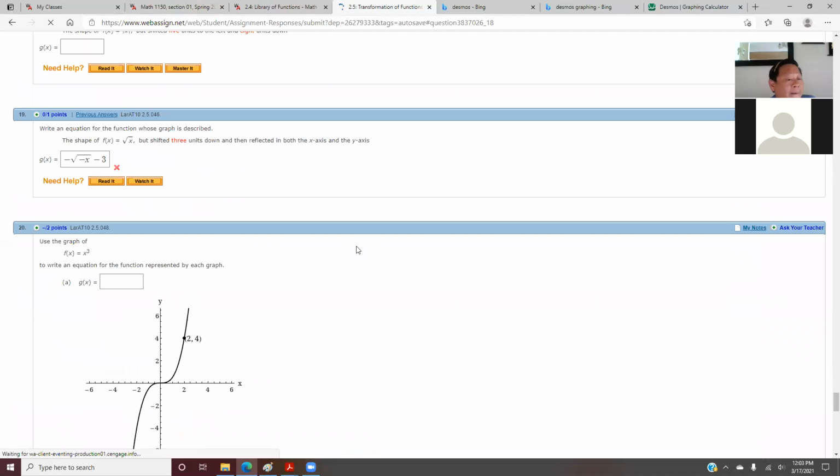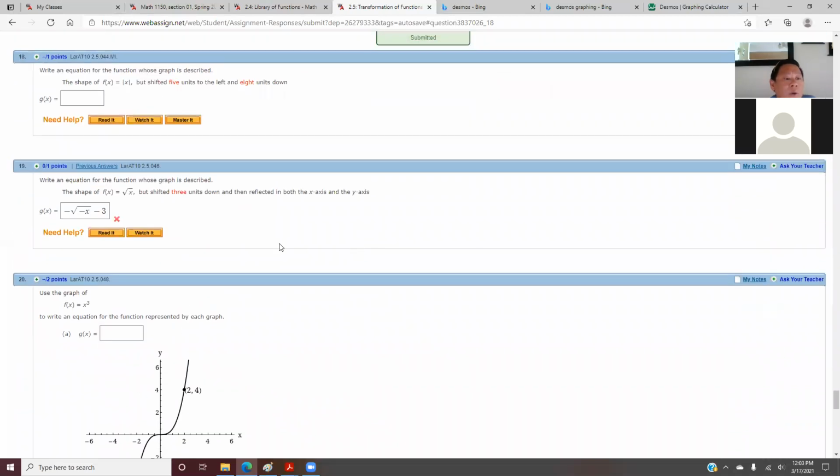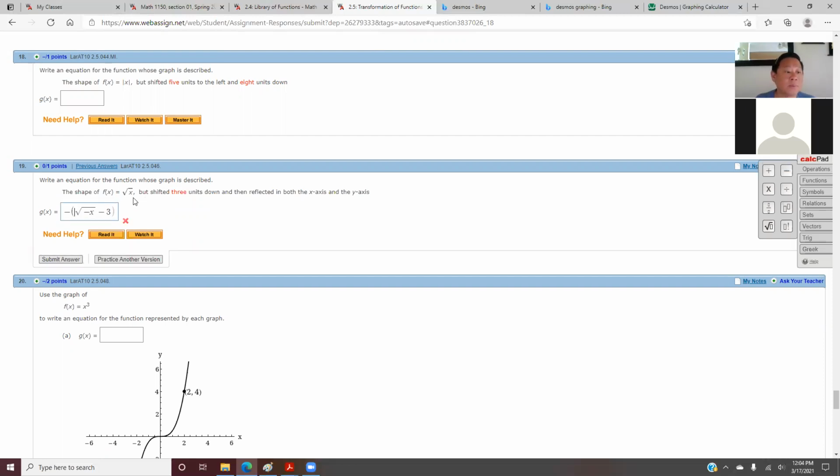You okay? Yeah, okay. This makes more sense. Oh, this one is wrong. Let me see. I think you need parentheses on this one now. Yep, because you reflect the whole thing on the x-axis.